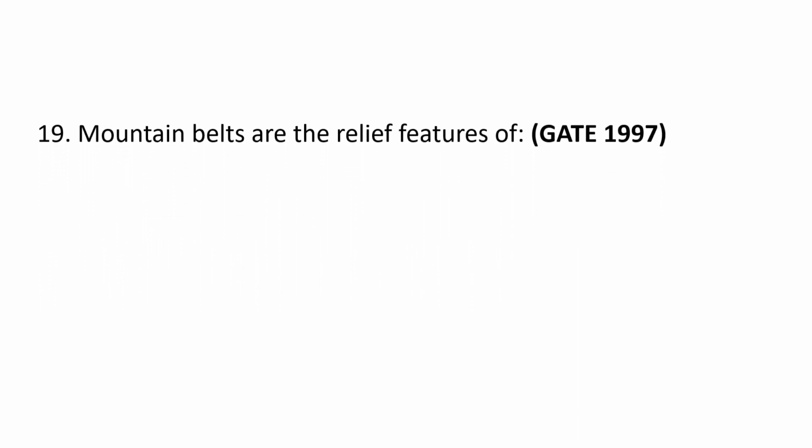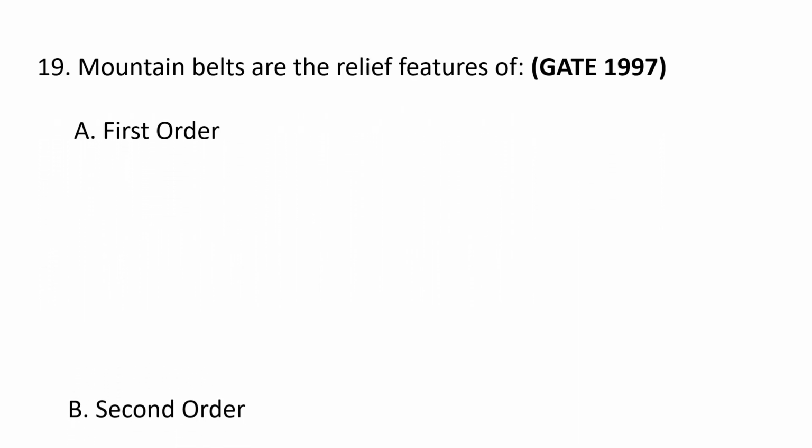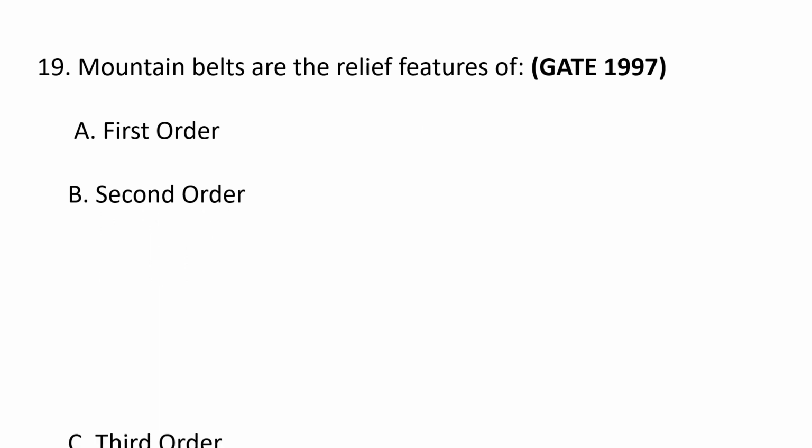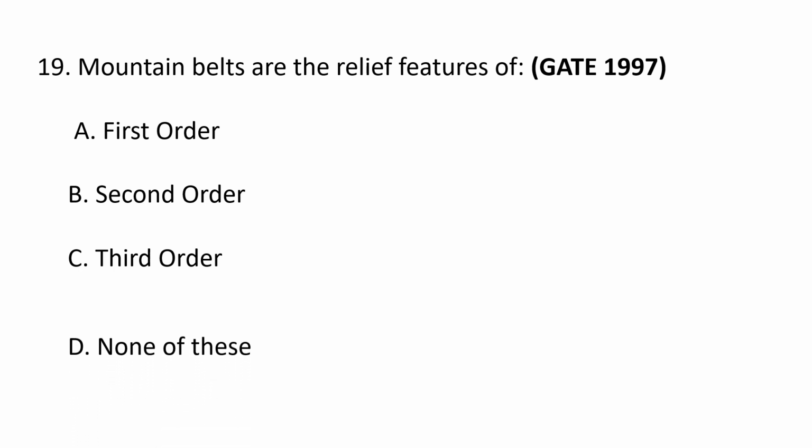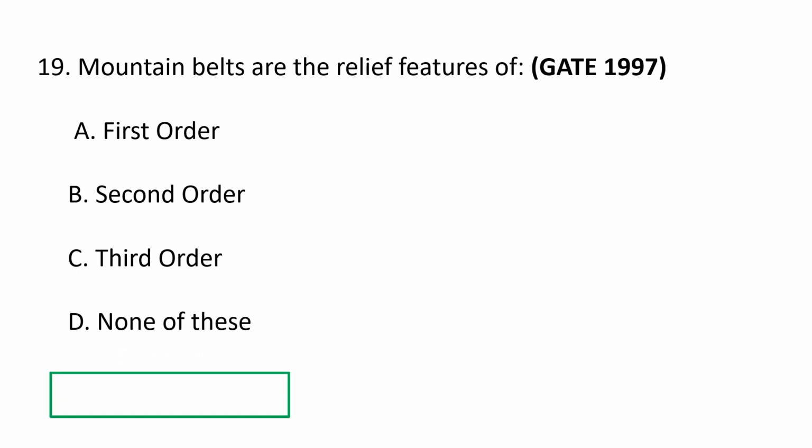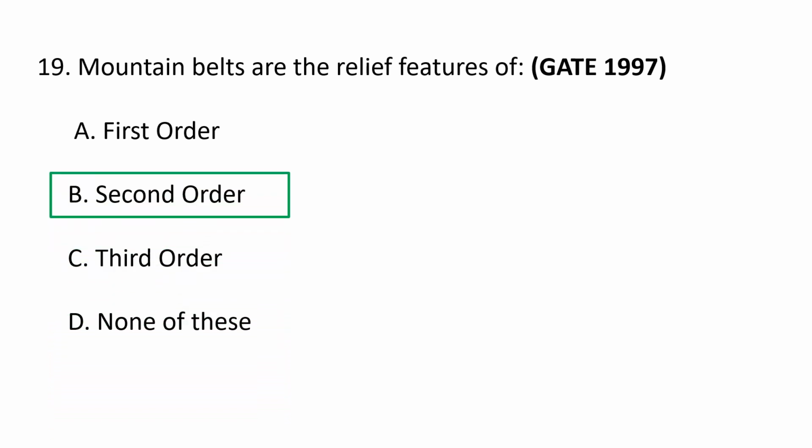Next question. Mountain belts are the relief features of A. First order, B. Second order, C. Third order, and D. None of these. So mountain belts are the relief features of second order. Second order relief features are the result of plate collision or divergence.